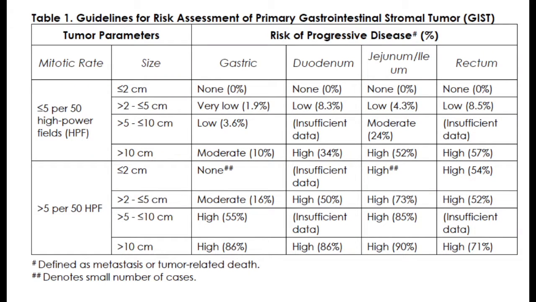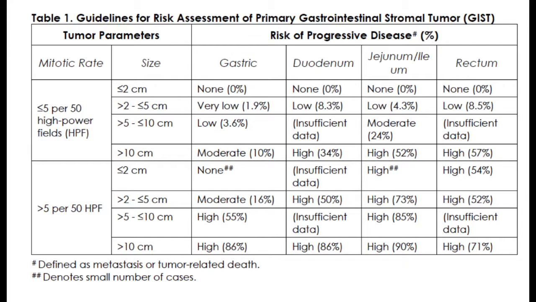You don't have to memorize this, I don't memorize this, but this is the result of many, many studies where people looked at some of the key features of GIST and put together this table to give us an idea of what your chances are and what your tumor is going to behave like. Important things are the size of the tumor, the location, and the number of mitoses. Those are the three cardinal features that we look at when I have a discussion with the patient as to how your GIST will behave.